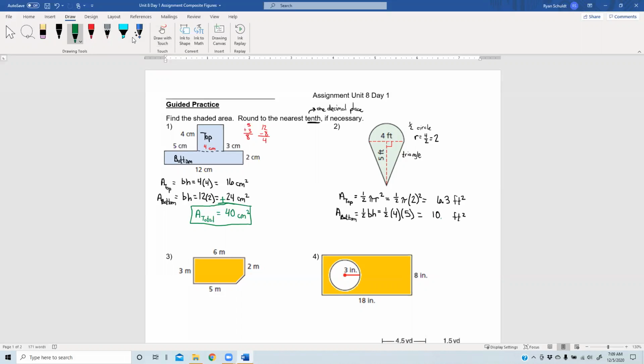Now I want to add these to get a total. If we add 6.3 plus 10, we get 16.3 feet squared.